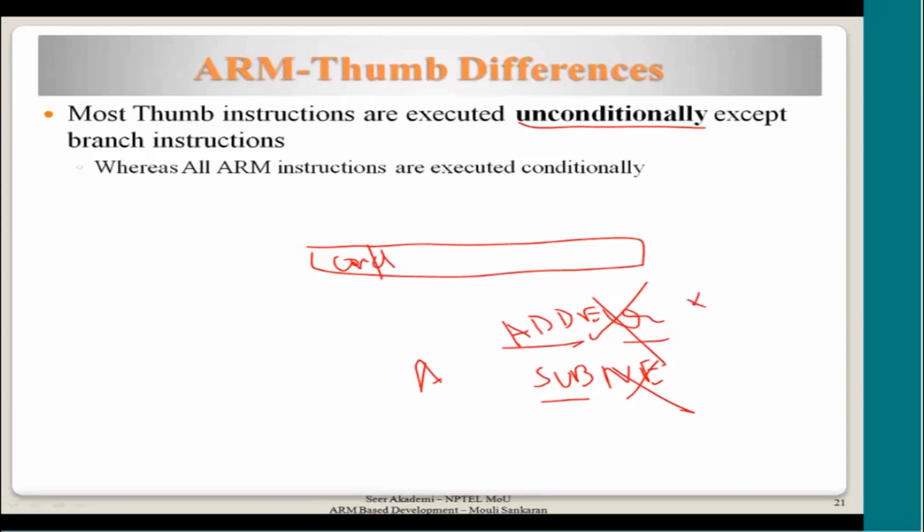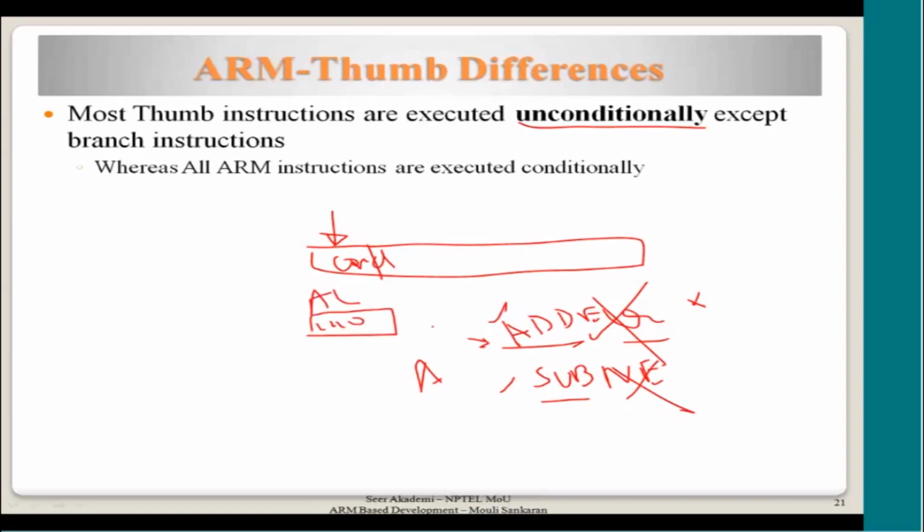If you write like this, the assembler may give a warning, or it will not allow you, because the instruction is always executed. That means the condition in which this particular instruction needs to be executed is taken as always, that is the 1110 pattern.